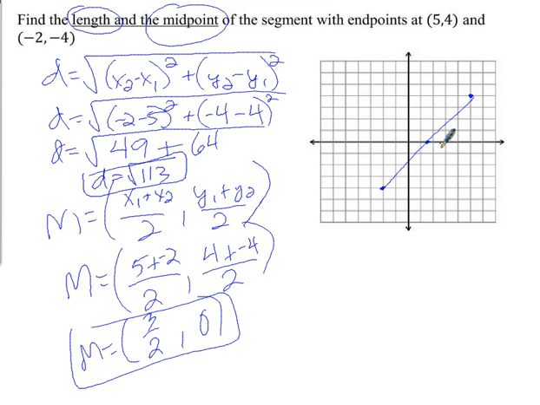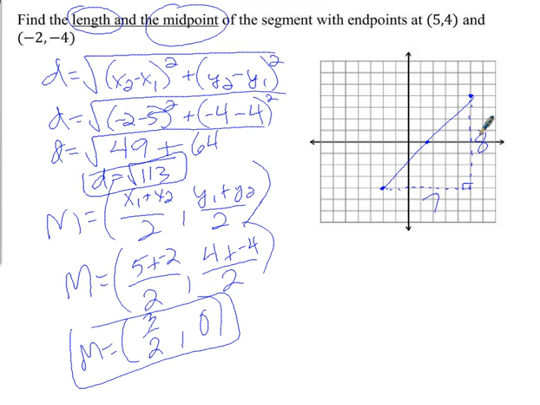And I even drew that one in there by hand. So that's pretty good. The distance, square root of 113. Again, you can use the Pythagorean theorem if you're given the graph. We have a right triangle now. We have 1, 2, 3, 4, 5, 6, 7 units this way. 1, 2, 3, 4, 5, 6, 7, 8 units this way.